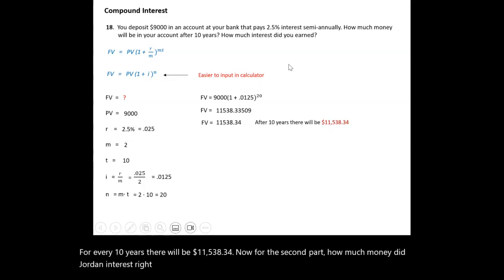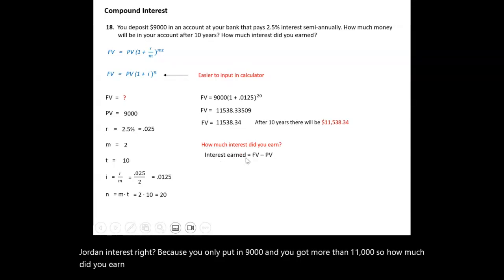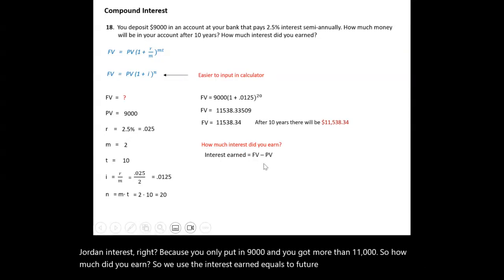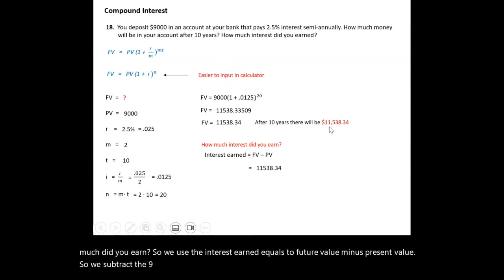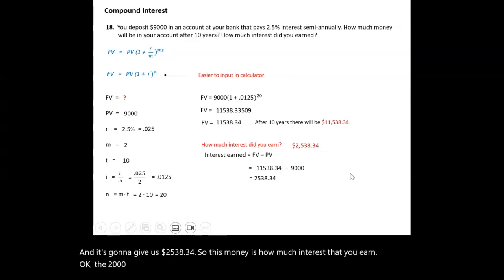Because you only put in 9,000 and you got more than 11,000. So we use interest earned equals future value minus present value. We subtract the 9,000 from what you got in 10 years, and it gives us $2,538.34. This is the interest that you earned.